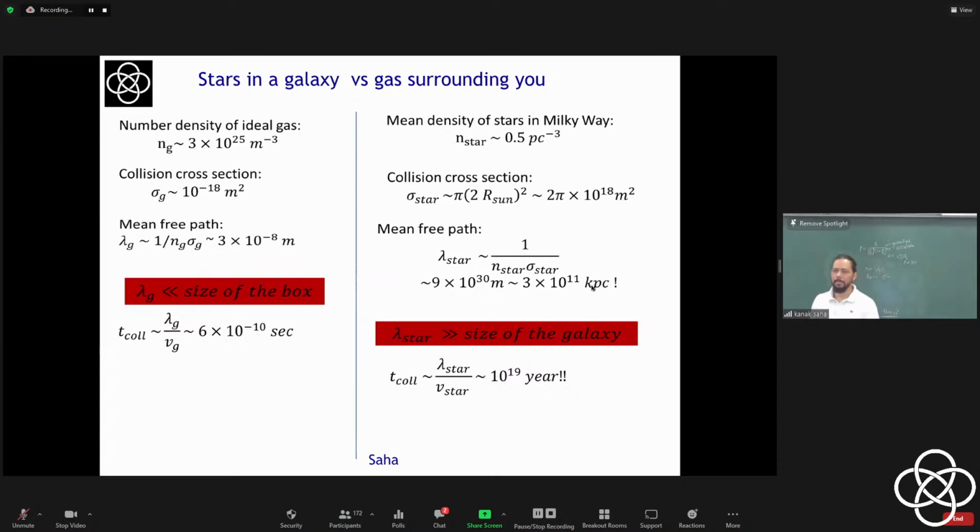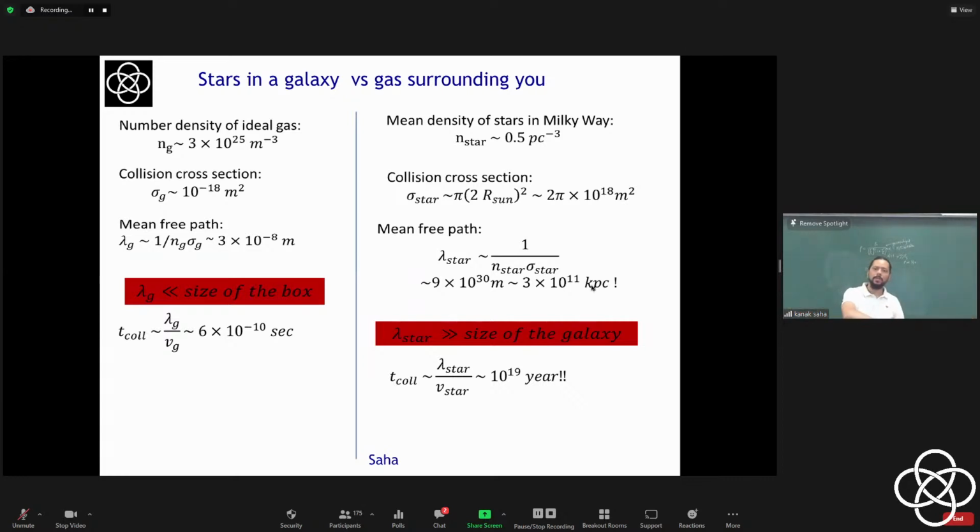This is kind of absurd. In other words, even if you make an error and apply corrections, this is very large compared to the size of the galaxy.